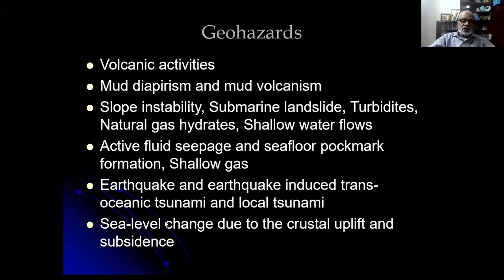Regarding sea level change, there is no evidence of sea level rise in the Bay of Bengal. Rather, sea level is going down.